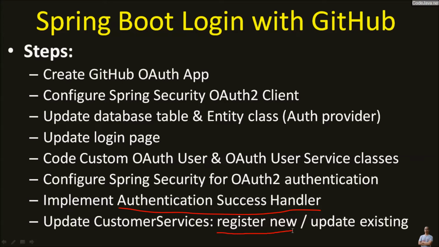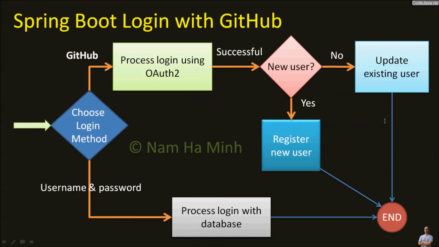We register the new user in the database or update existing user information in the database to implement this workflow upon successful OAuth authentication. If the user is new, we register the new user in the database with the authentication provider information as GitHub. Else, we just update the information of the user, such as first name.